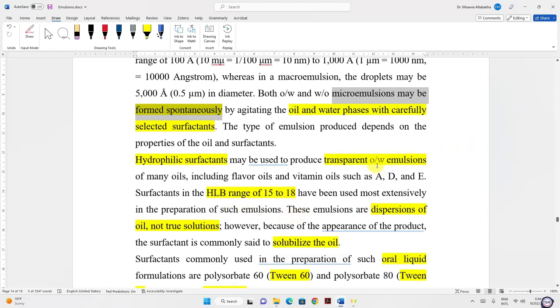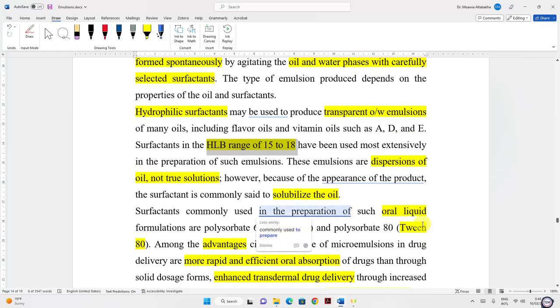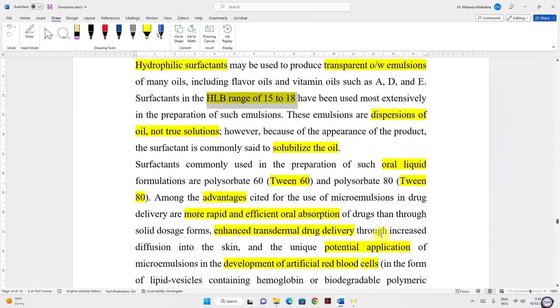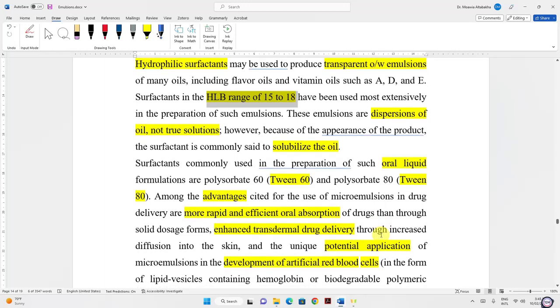For oil in water micro emulsion, they found surfactants with an HLB range from 15 to 18 to be suitable, such as Tween 60 and Tween 80, polyoxyethylene, if you remember. Now, what are the advantages of micro emulsion? One, they found that it has more rapid and efficient oral absorption, even better than the normal emulsion.